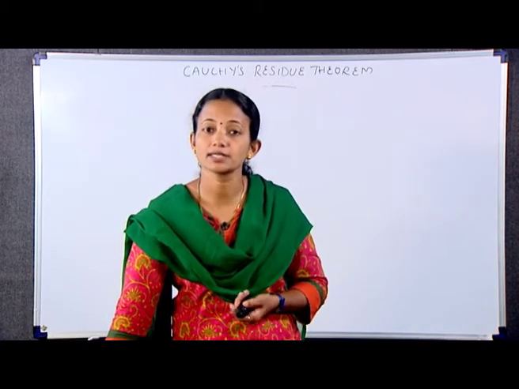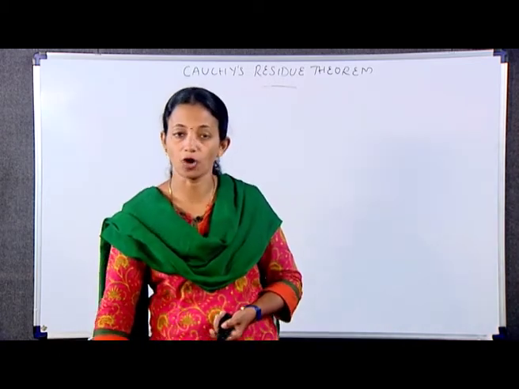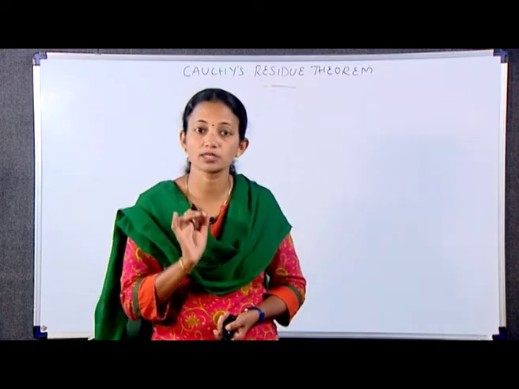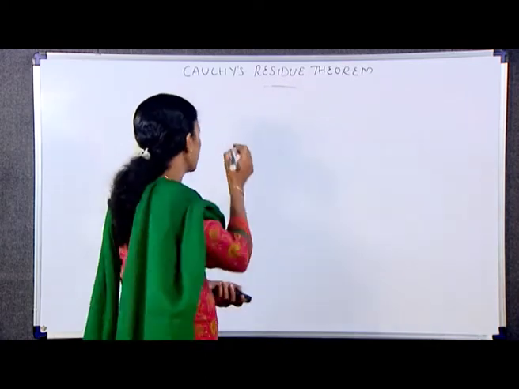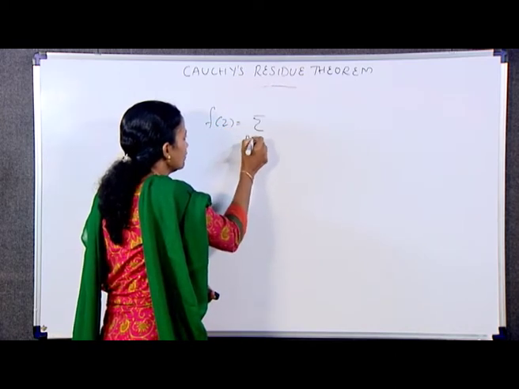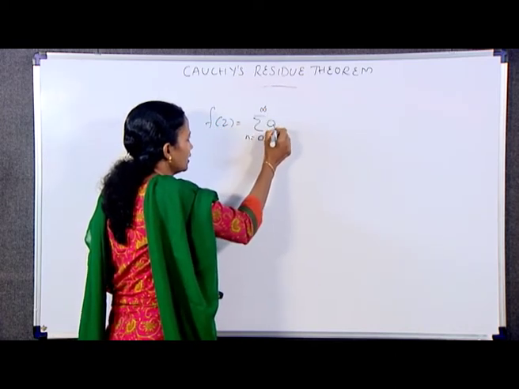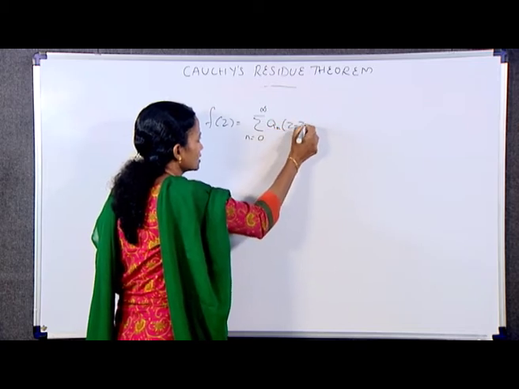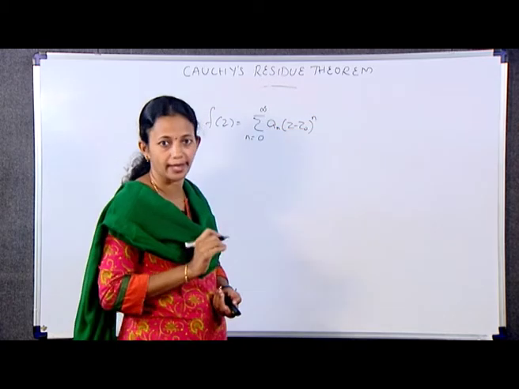If Z0 is a removable singular point of f(z), it is possible to write f(z) is equal to sigma n varies from 0 to infinity a_n (z minus Z0) whole raised to n.